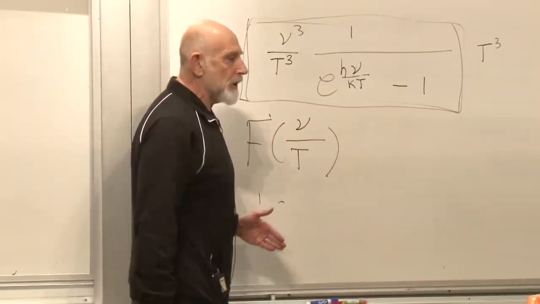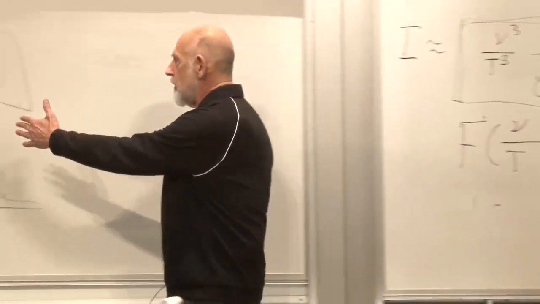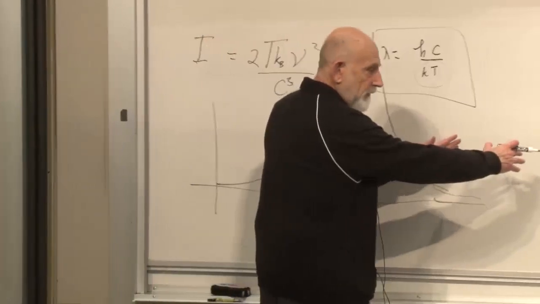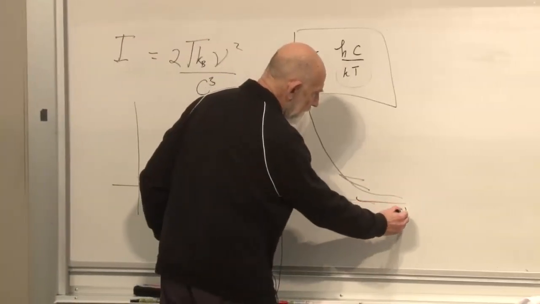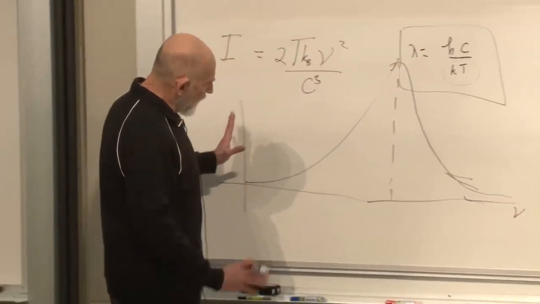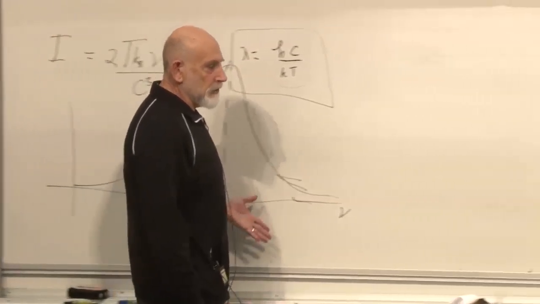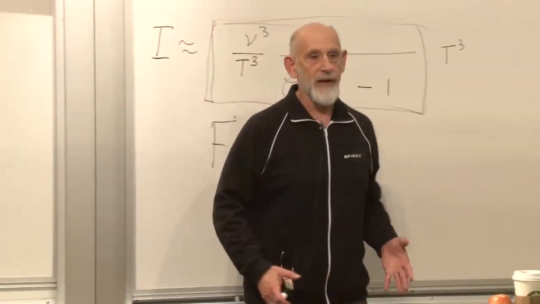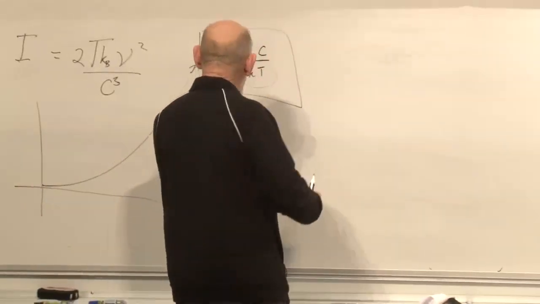For example, supposing I change the temperature by a factor of 2. What happens to this curve? It simply rescales by a factor of 2 along the nu axis. I just stretch it by a factor of 2 if I want to change the temperature by a factor of 2. If I want to change the temperature by a factor of 100, I just stretch the curve by a factor of 100.